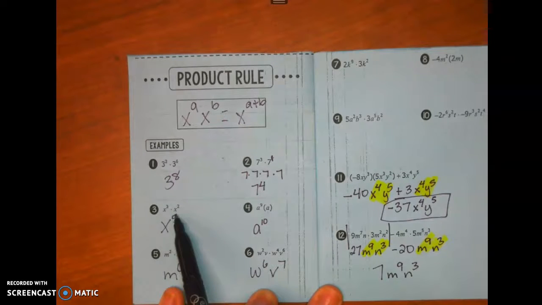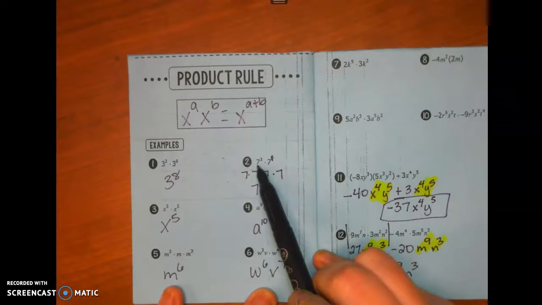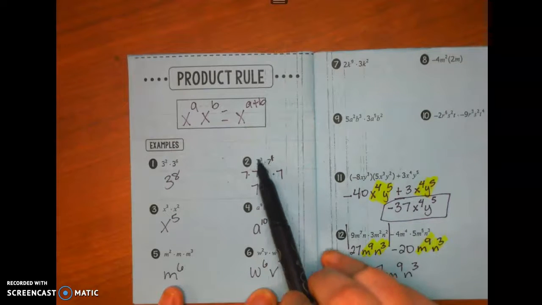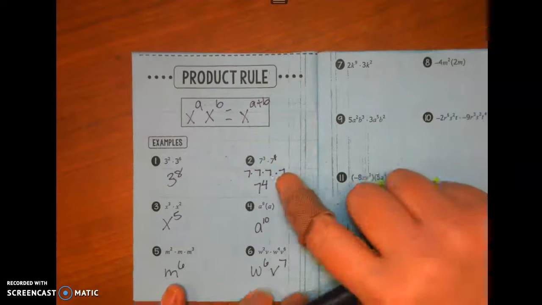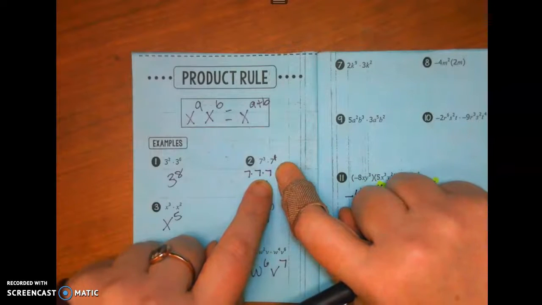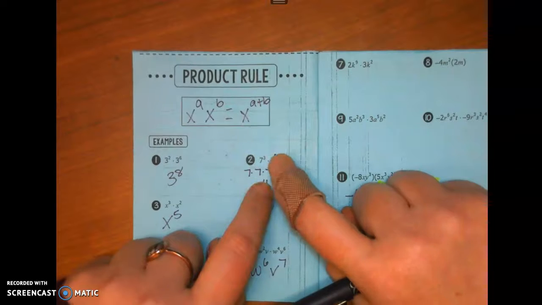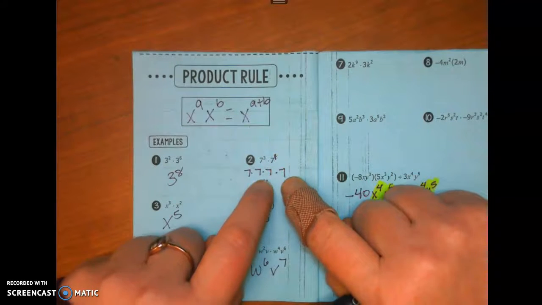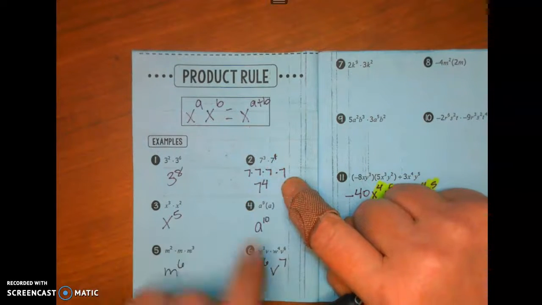That's really tiny, and I'm sorry. And this is what's happening. See, that's 7 to the third power right there. 7 times 7 times 7. Well, then I have times 7 one more time. Well, now I have 7 to the 4th. Okay?